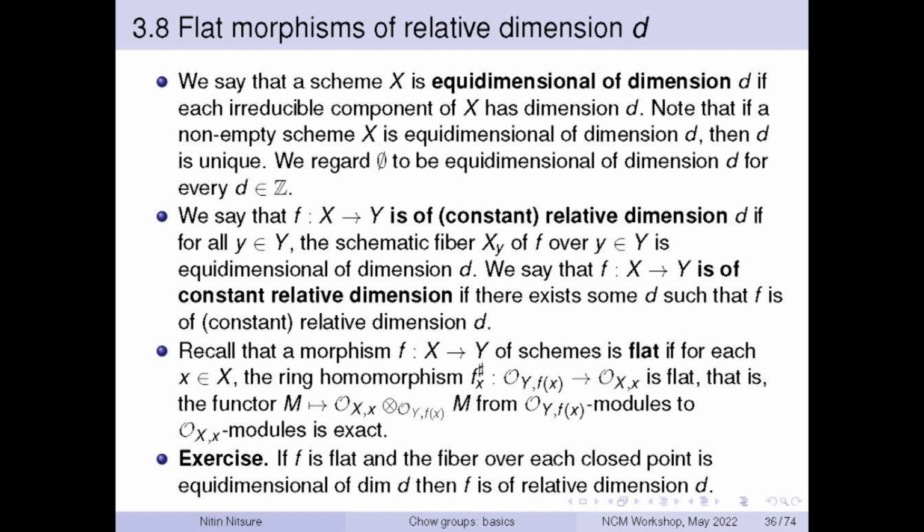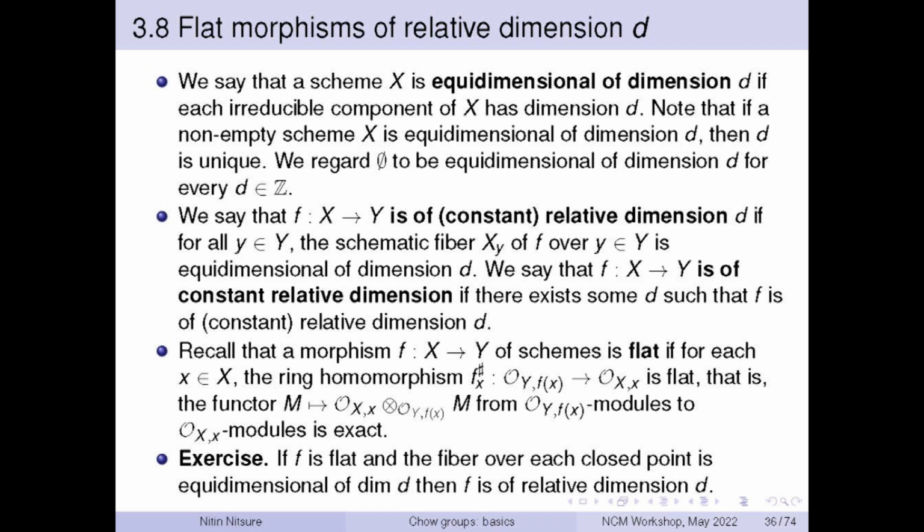And a morphism is said to have constant relative dimension if every fiber is equidimensional of that dimension. If some fiber is empty, that's allowed. Empty is equidimensional of any dimension, because the demand that every irreducible component should have dimension blah blah is vacuously satisfied. There is no irreducible component.